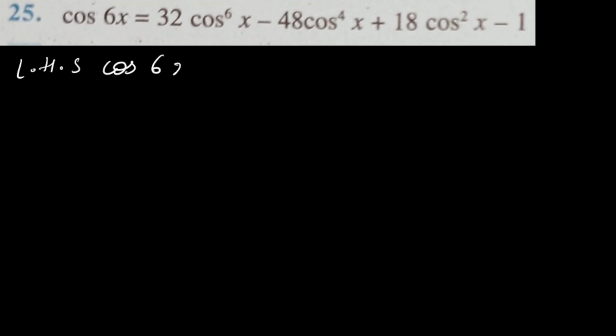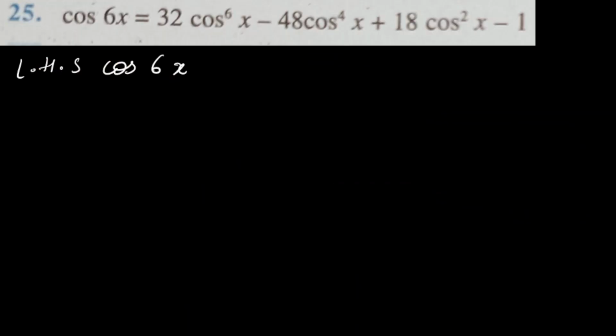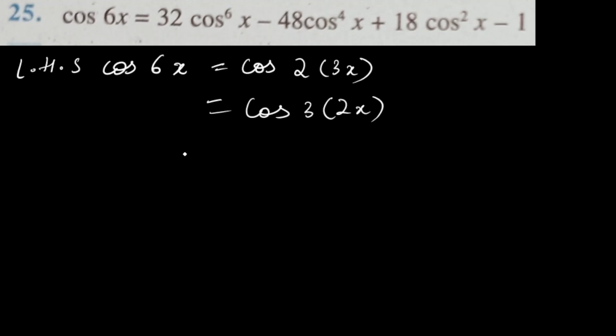So cos 6x. Here also the 6x we have to break down like we did in the previous question. 4x we just wrote as 2 into 2. So anyway we can do 6, we can either write it as cos 2 into 3x or we can also write it as cos 3 into 2x. So either way we can solve it.